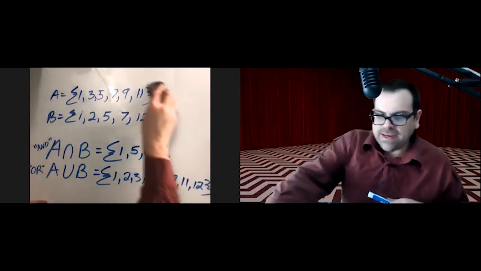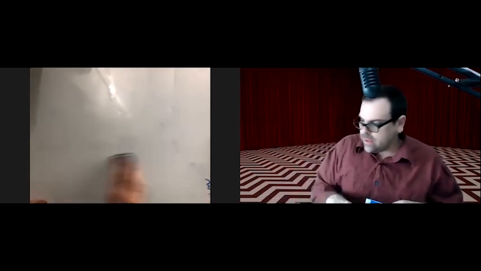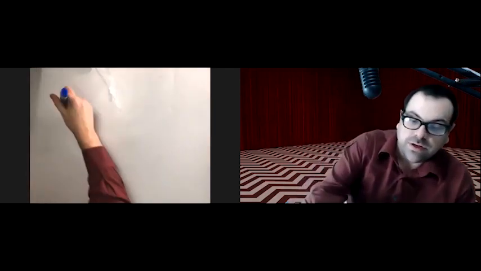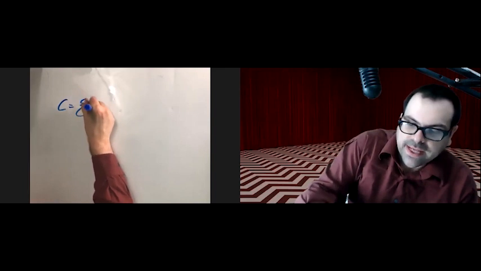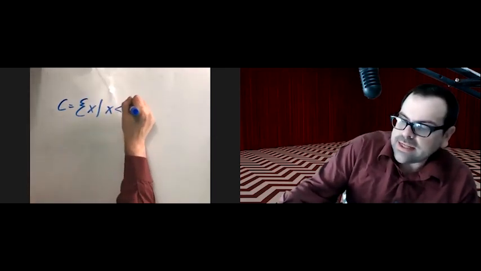We're going to expand this idea, and instead of sets that are listed out, we're going to have set builder notation. So we're going to let C be the set of all x such that x is less than 4.